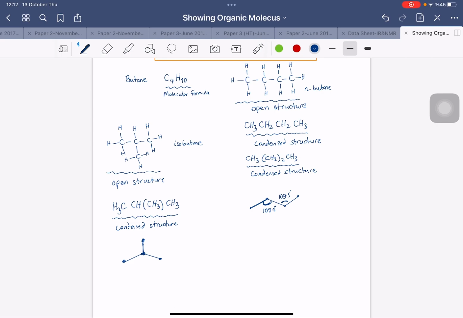As you can see, this is the line structure of isobutane. This one is the line structure of normal butane.